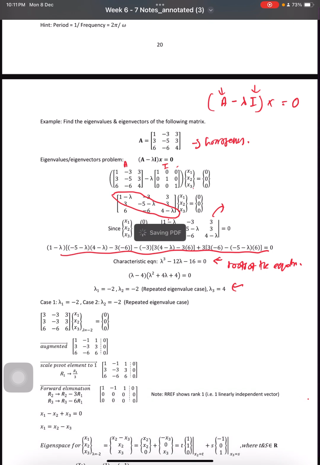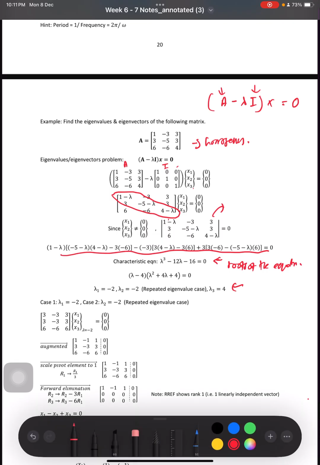But if you have a cubic equation like this, power of 3, you will have 3 roots. If you use the calculator, you will get only 2 roots, meaning one of the roots is repeated. For this case, negative 2 is the repeated eigenvalue, which is a repeated root. Another one is lambda 3.